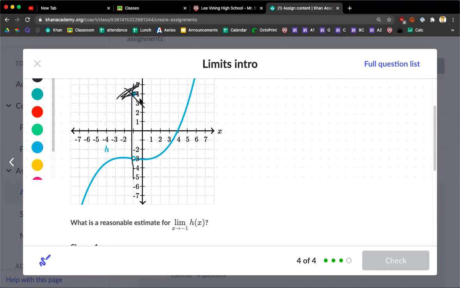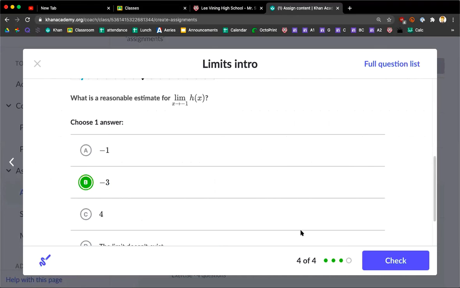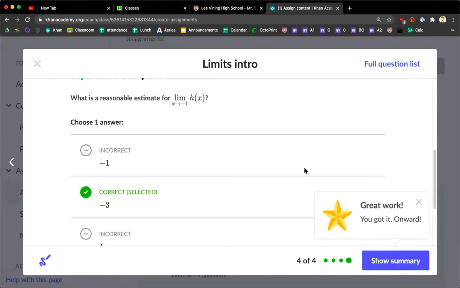Ignore the fact that there's a point up there. I only care what's happening as I approach it. As I approach x = -1, it seems to be going to the same point from the left and the right. So the answer is not DNE, it's something else. What would you guess? -3? -3, exactly. Cool. All right, I'm 10 seconds over.